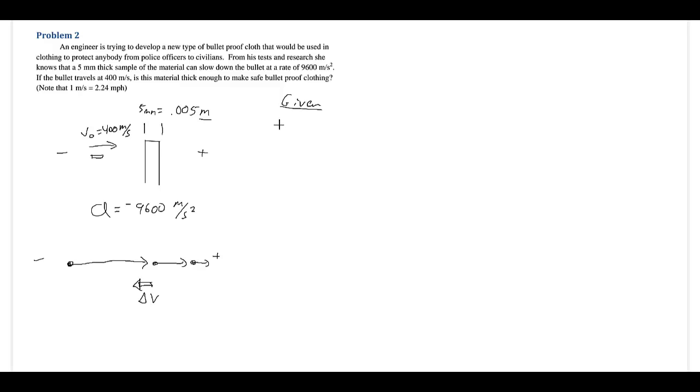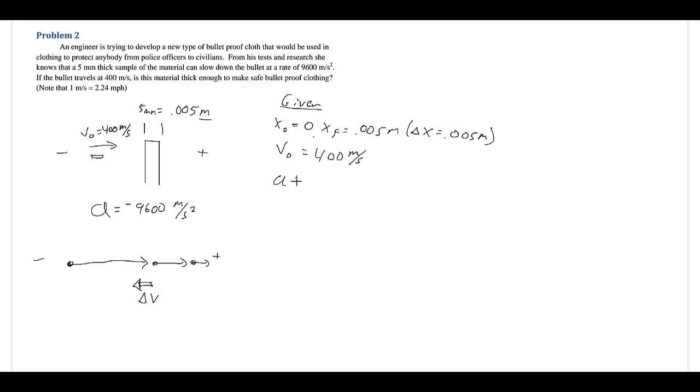Okay, so we have our given values. We can say that we know x initial, right? Because if we know the total displacement is going to be 0.005, then we can say our x initial is 0 and our x final is equal to 0.005 meters. Or we can just say that delta x is equal to 0.005 meters, depending on what equation we want to use. We know that our v initial is 400 meters per second.